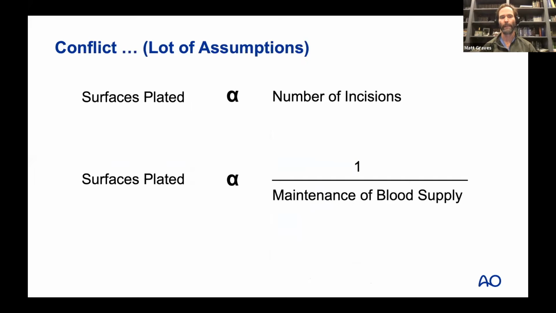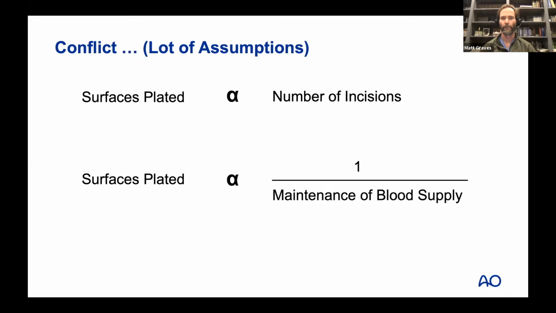But when I say that the surfaces that you can plate are related to the number of incisions that you make, I think that's a fair statement. So there are some incisions or surgical exposures that you can make that will allow for more than one surface to be plated. But in general, the number of incisions that you make is going to be directly correlated to the number of surfaces that you can plate.